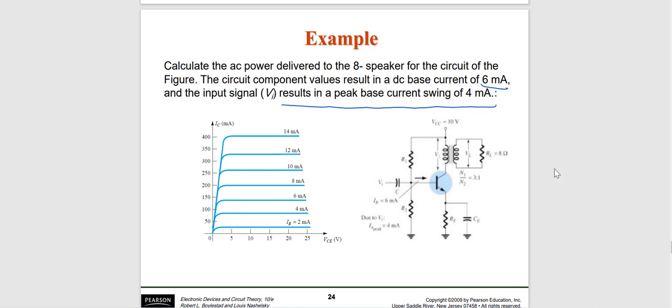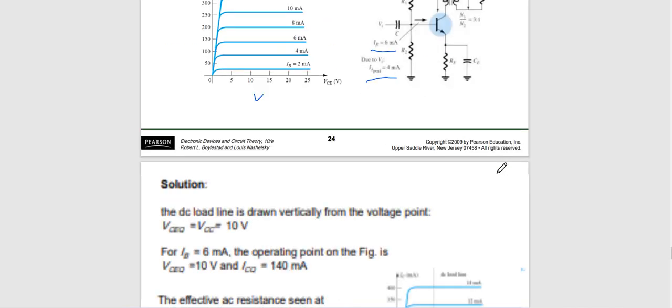So this is the IBQ of 6 milliampere, and the peak base current is 4 milliampere, and then this is the load, the IV characteristic, and this is the circuit.